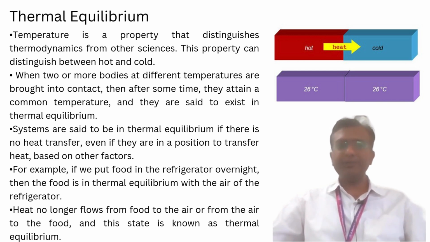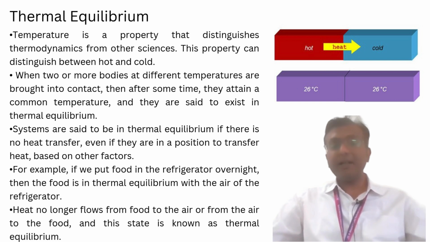This process continues until the tea reaches the same temperature as the room. Once this happens, the tea and the room are in thermal equilibrium. Now take another example of a cold drink. This cold drink which we keep in the room, what is going to happen?